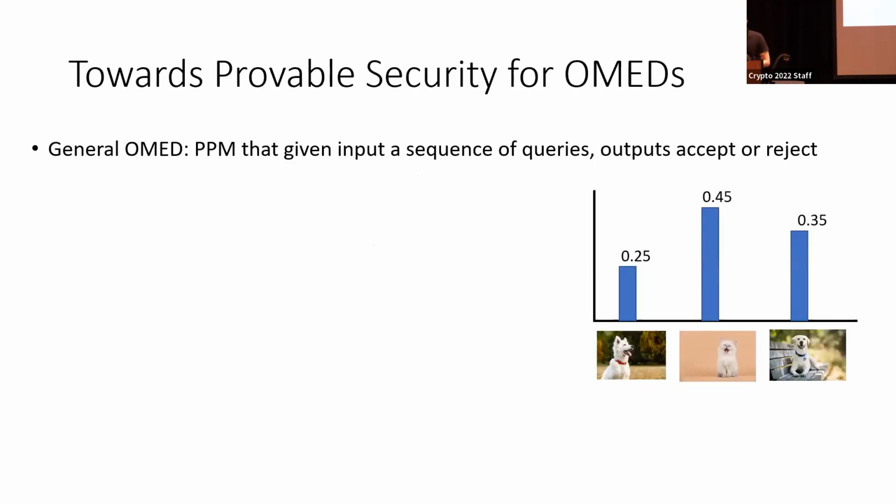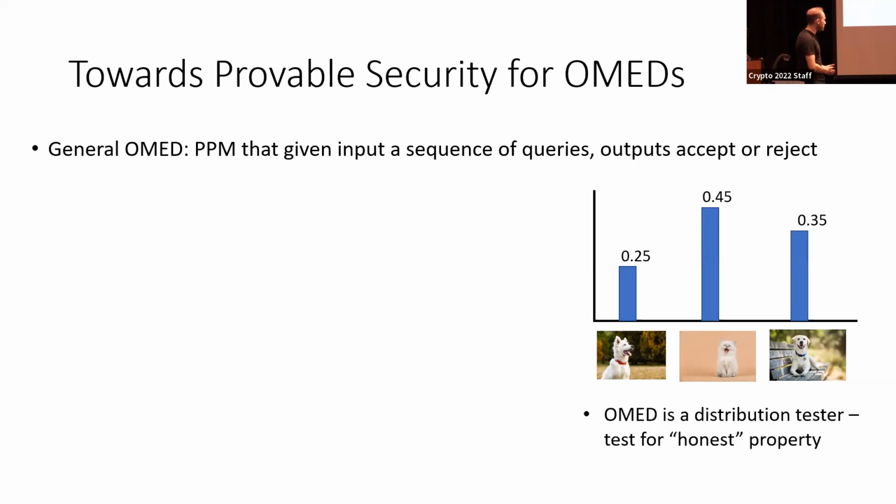So how can we actually get something related to making extracting models hard out of this? I'll think of a client as one who just picks some distribution over queries. And in this case, the OMED is basically a distribution tester for some kind of honesty property.